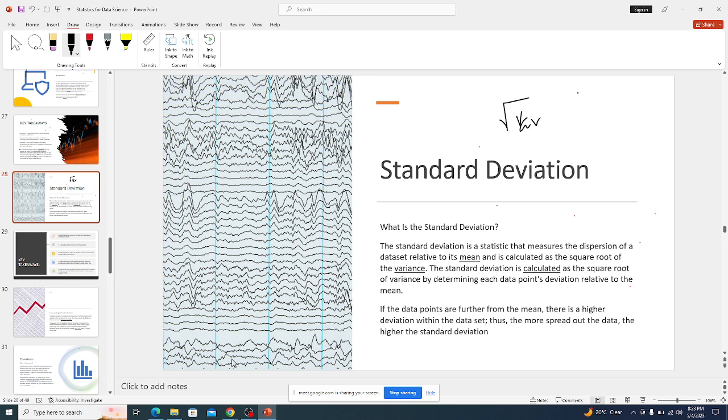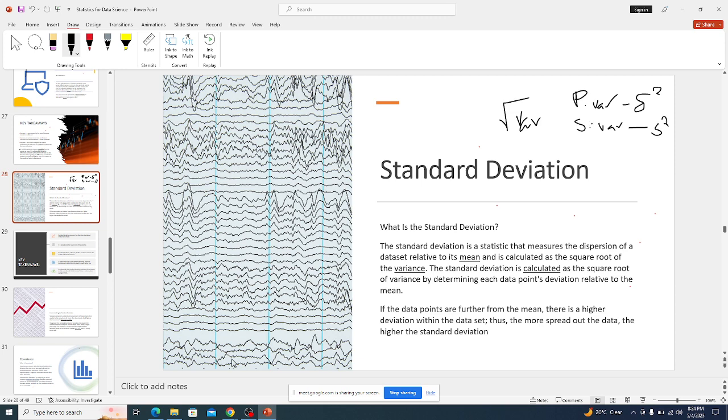Okay, and we have population variance, and also sample variance, whereby under population variance it is sigma squared, and for sample variance it is s squared.